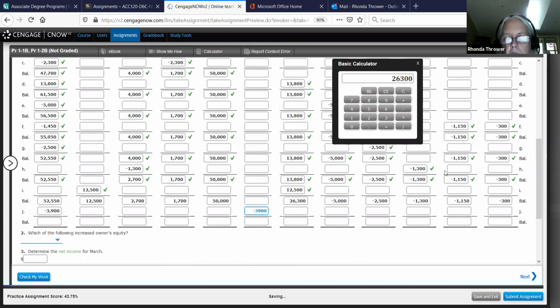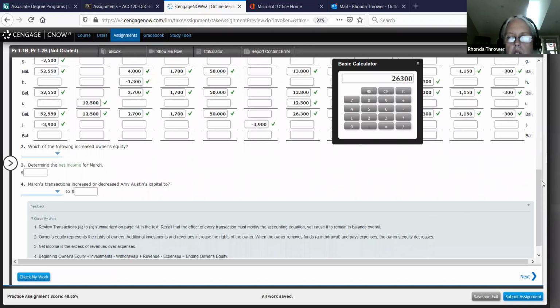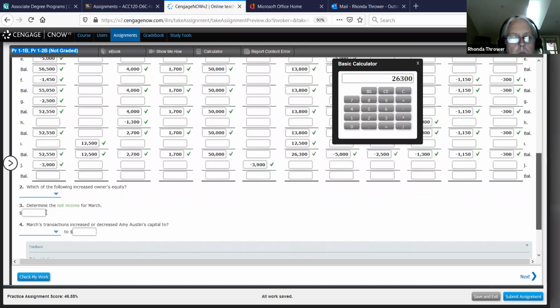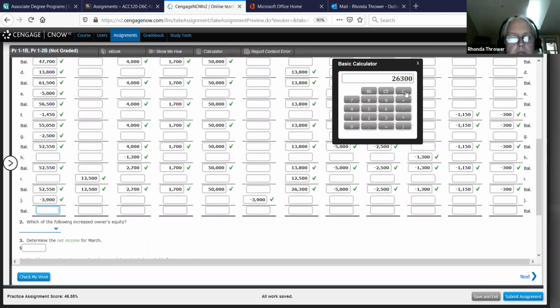They're just looking at this accounting equation and how it affects owner's equity. So drawing decreases owner's equity. And we'll check our work. And then we're going to rebalance to find our final balances.